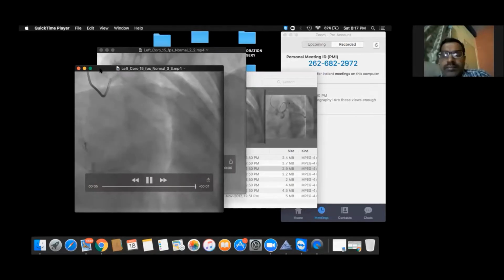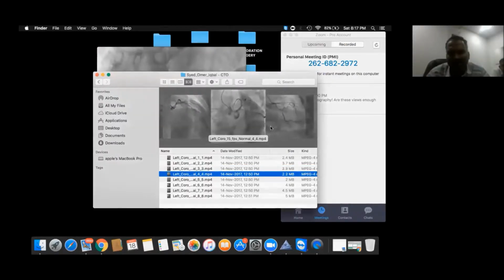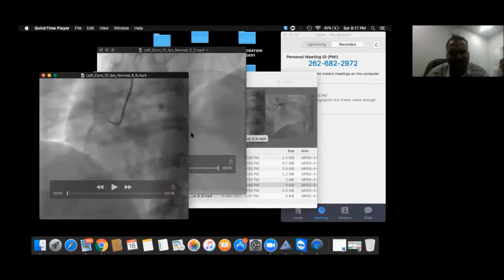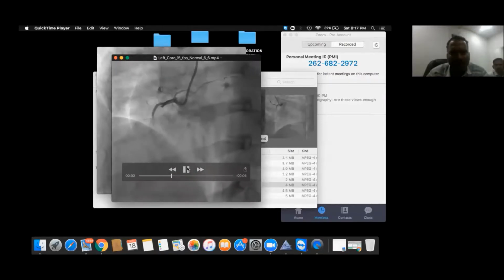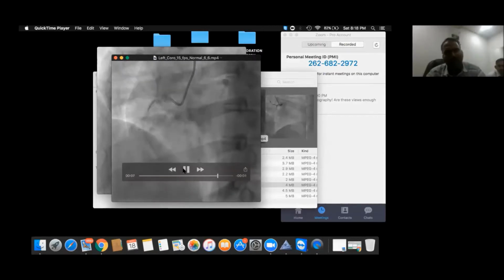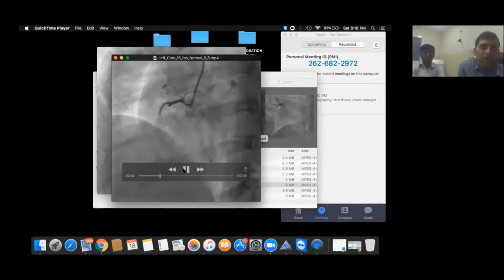So I think the left anatomy is pretty clear to all of you, right? This suggests a mid RCA total cutoff.